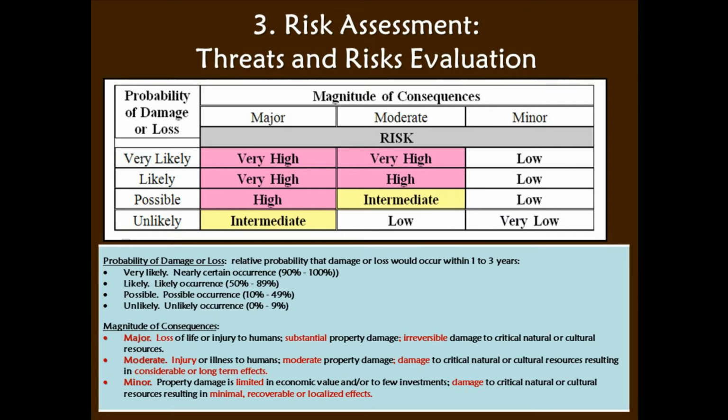And then this matrix really helps us to focus both our assessment and our efforts. On the vertical left side there, we look at what's the probability that some bad thing is going to happen. If it's very likely or likely to happen, and you can see those definitions underneath there, and it would be a major impact, then that gives us a reason to do something.